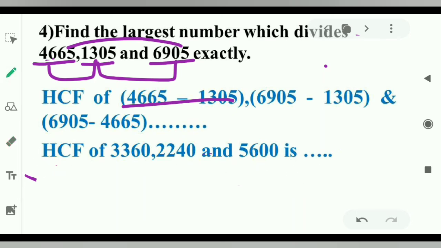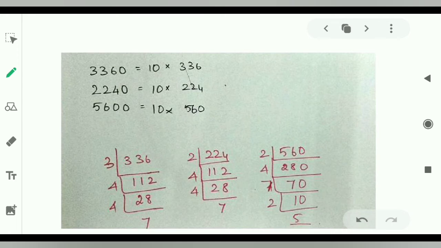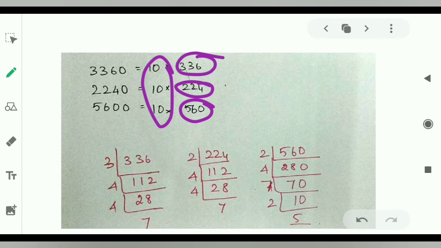Let's find the HCF of 3360 and 2240. Here 10 is common to all three numbers, so we take 10 outside. So we will get 336, 224 and 560.